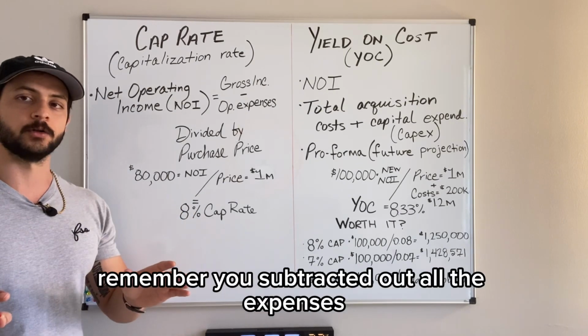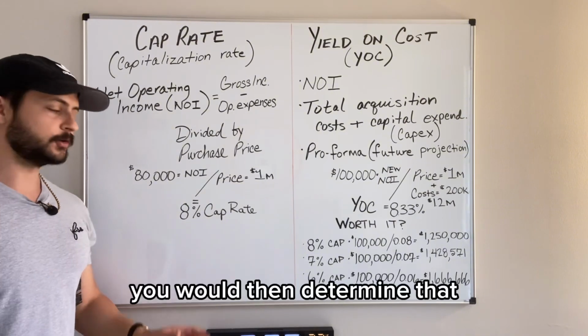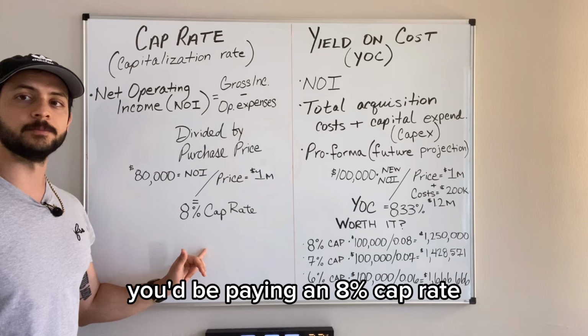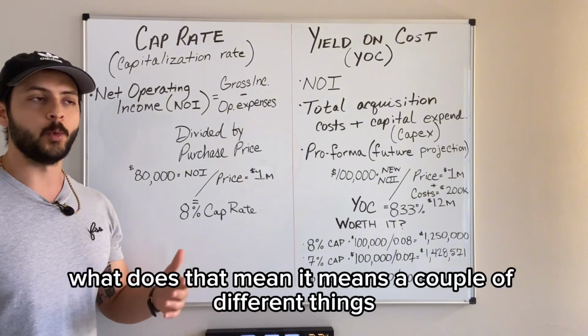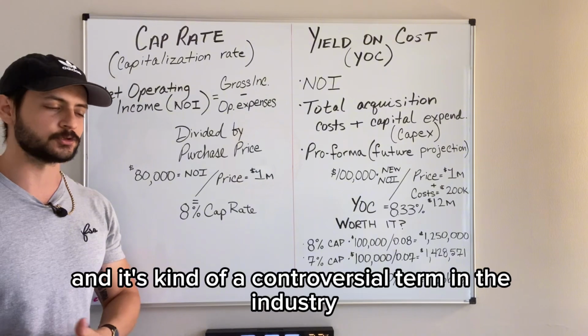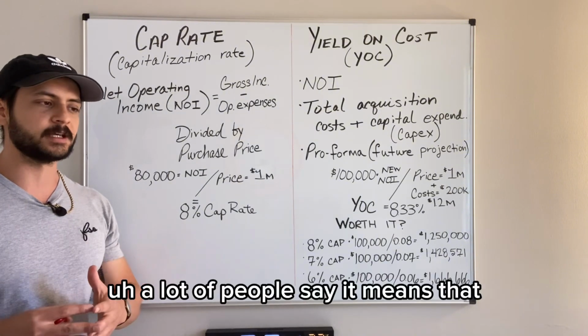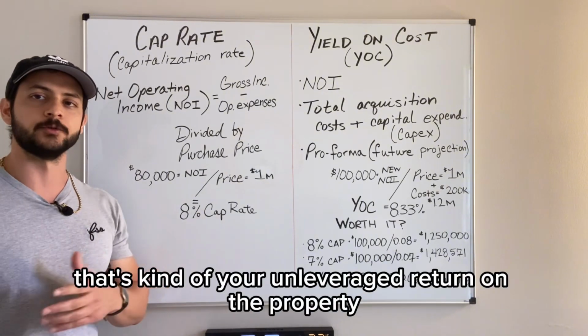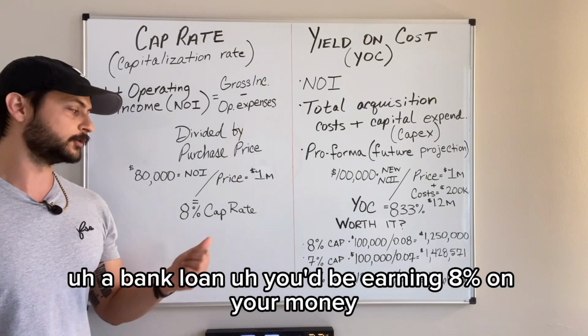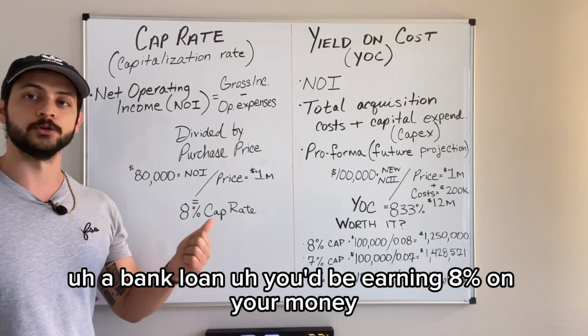Remember, you subtracted out all the expenses. If you were to purchase that property for $1 million, you'd be paying an 8% cap rate. What does that mean? It means a couple of different things, and it's kind of a controversial term in the industry. A lot of people say it's your unlevered return on the property. So if you didn't get a bank loan, you'd be earning 8% on your money.